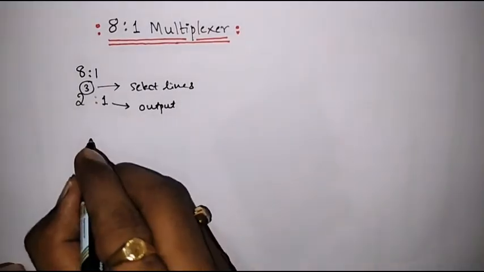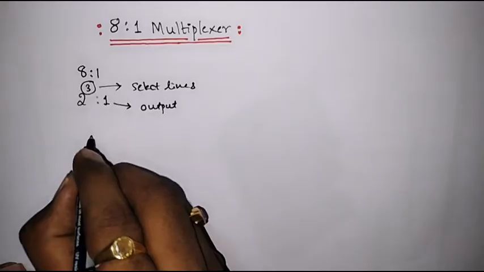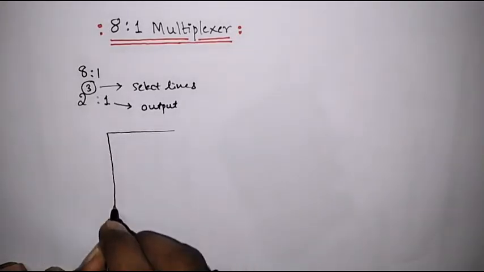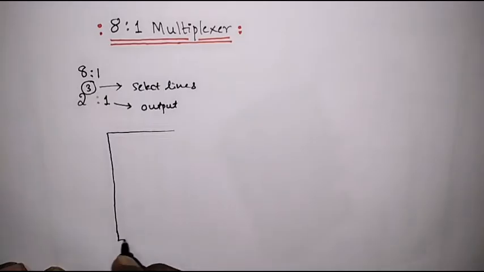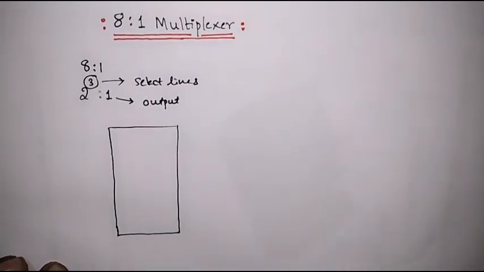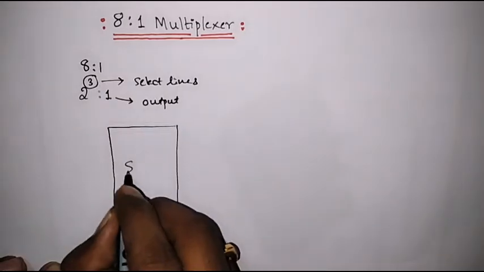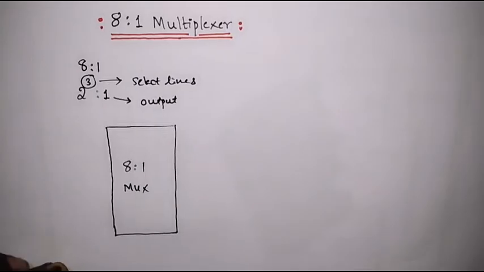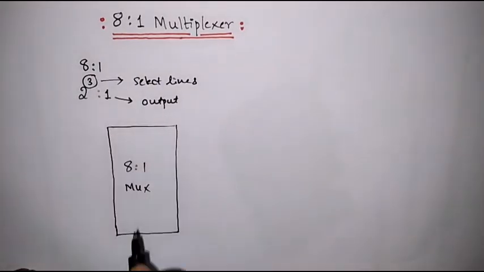Here I will draw the block diagram of 8:1 multiplexer. Suppose this is 8:1 multiplexer. It has 3 select lines.